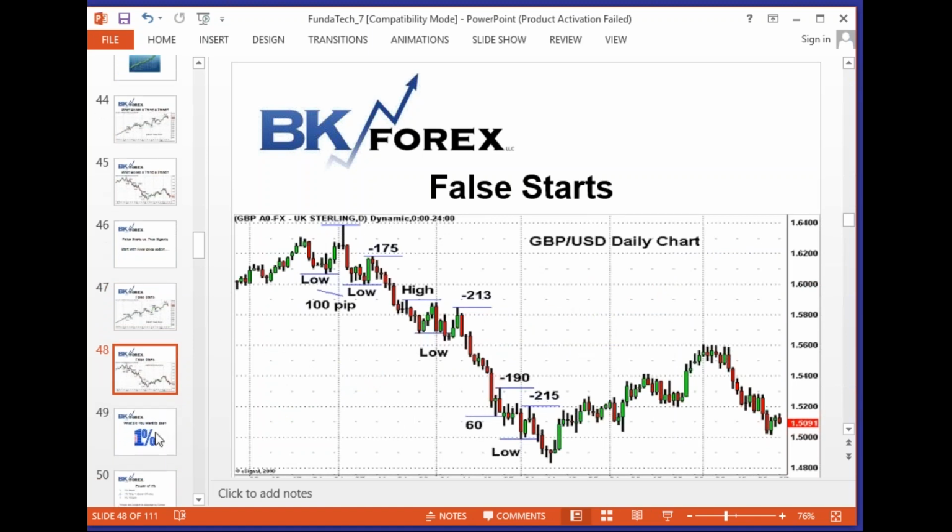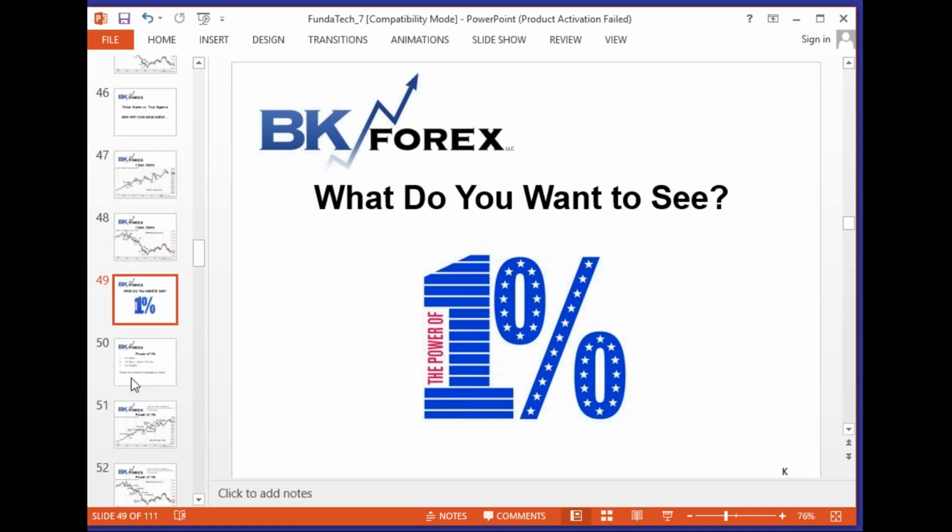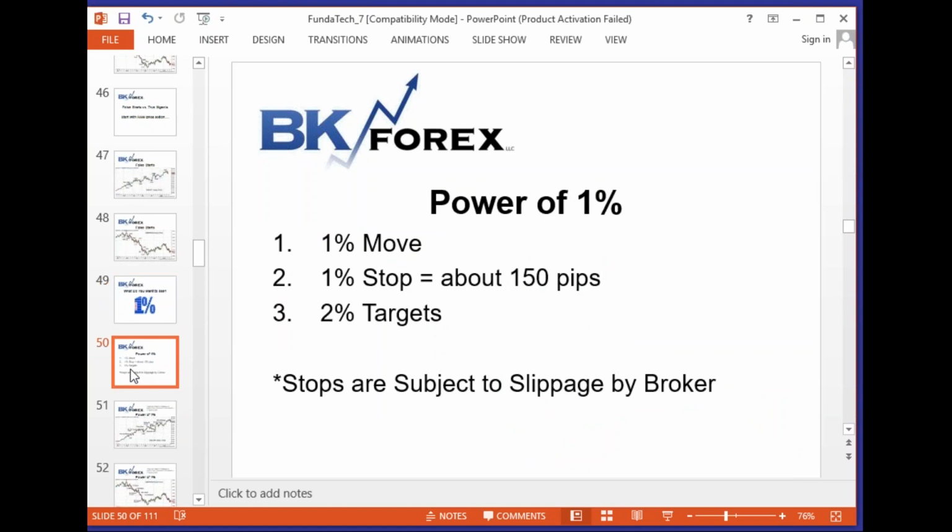So how can you filter this out? Well, I think the rule of 1% and the power of 1% is probably pretty valuable at this point, where a true breakout is probably best defined as a 1% move. A very simple way of looking at this is you want a 1% breakout in your favor with a stop of 1% and maybe a 2% target.